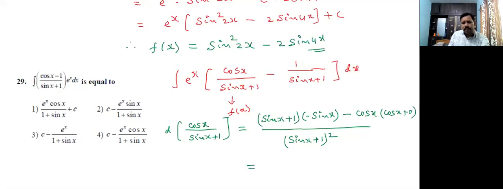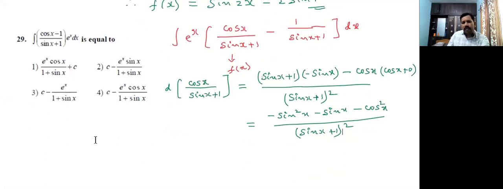Observe the numerator. What happened? Here minus sin square x, minus sin x, minus cos square x, divided by sin x plus 1 whole square. In the numerator, we have minus sin square x minus cos square x.